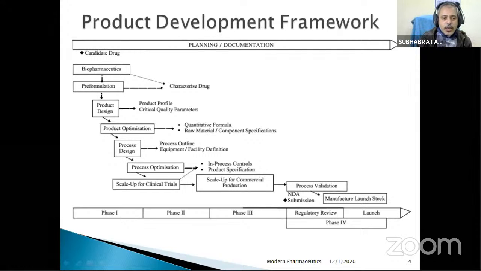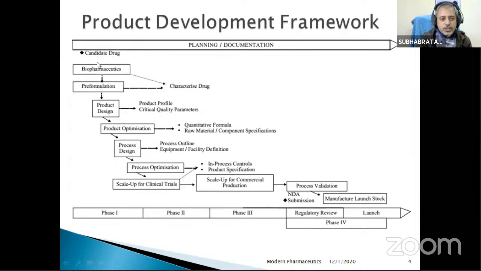So along with the healthy volunteers in phase 1, when they are being given the drug for testing its safety, the pre-formulation work also starts, with the hope that in case the drug progresses to the second phase and subsequent phases, the product will be ready for administration to the patients.